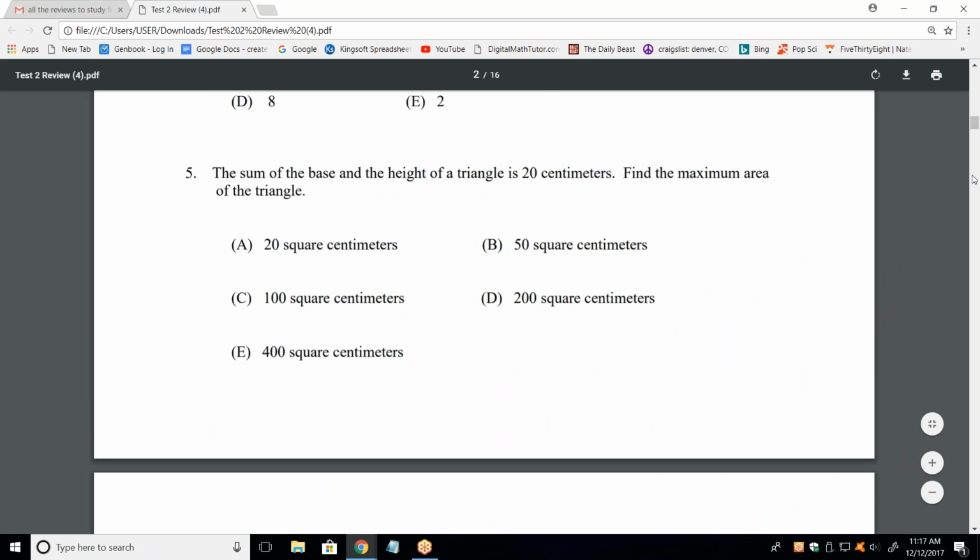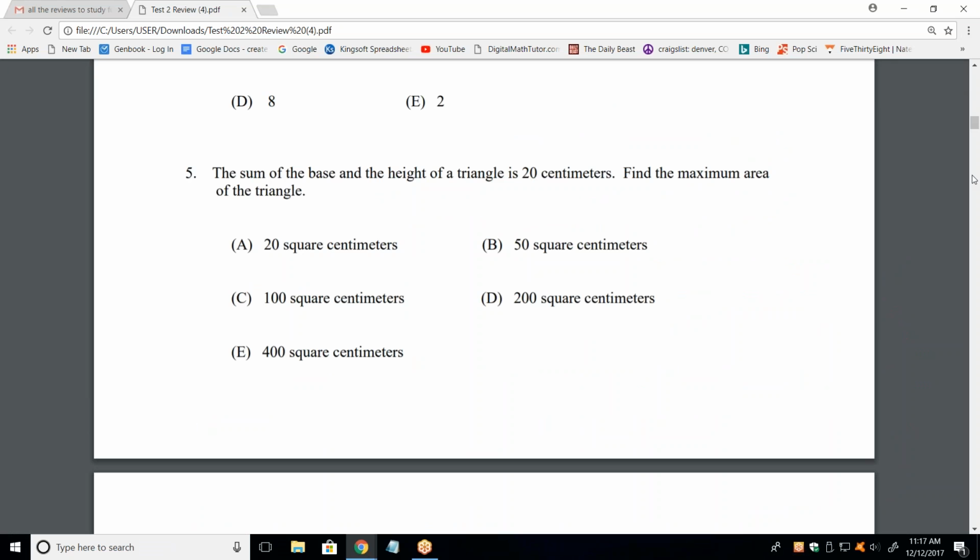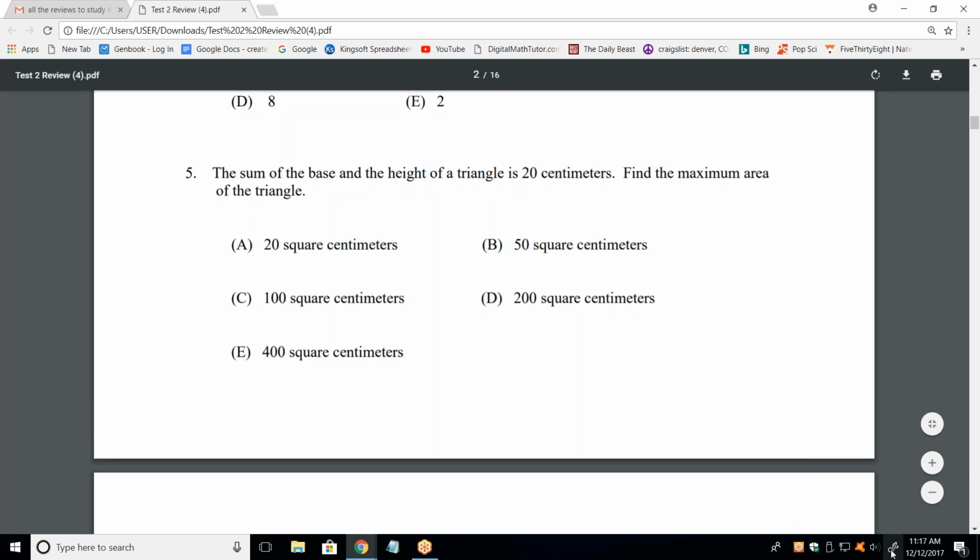Read problem 5, and without doing any math, give me your best guess. Hold on a second. Go ahead, you think about it for a moment. Here's the picture. I'll give you a picture.